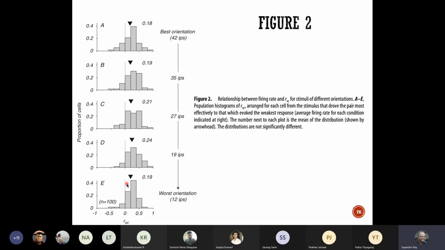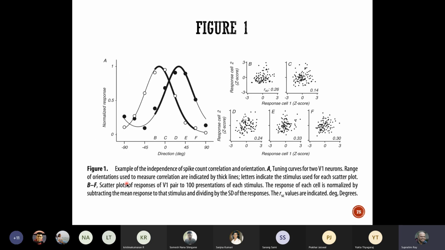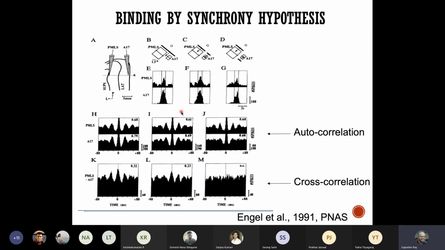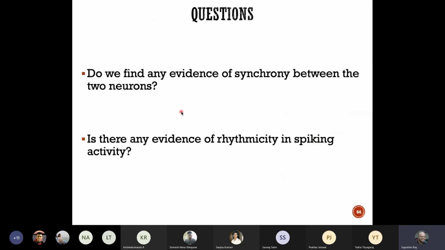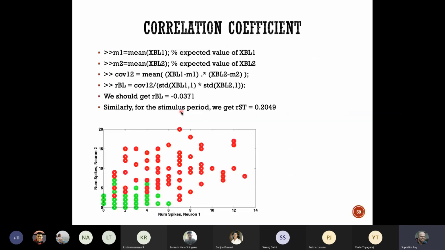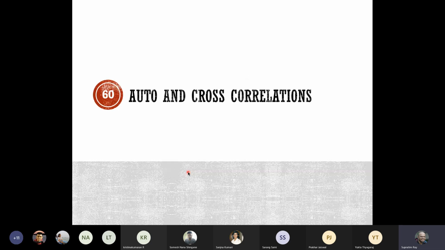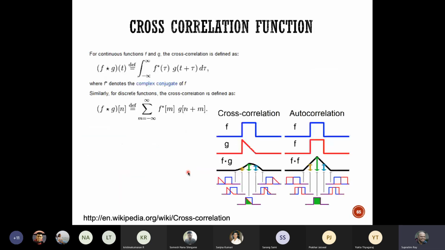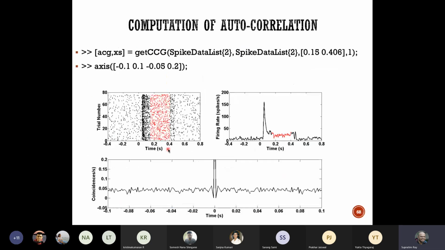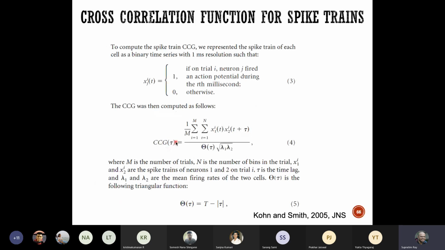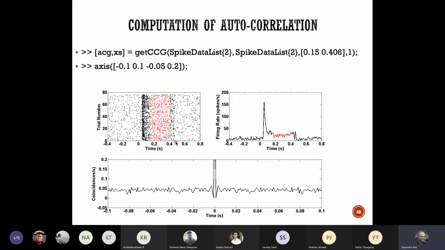The spike count correlation is the average, so when I look at these dots, these are average responses over some time interval. In my previous slide, this was averaged over 256 milliseconds. This other measure, the cross correlogram, is a function of time.